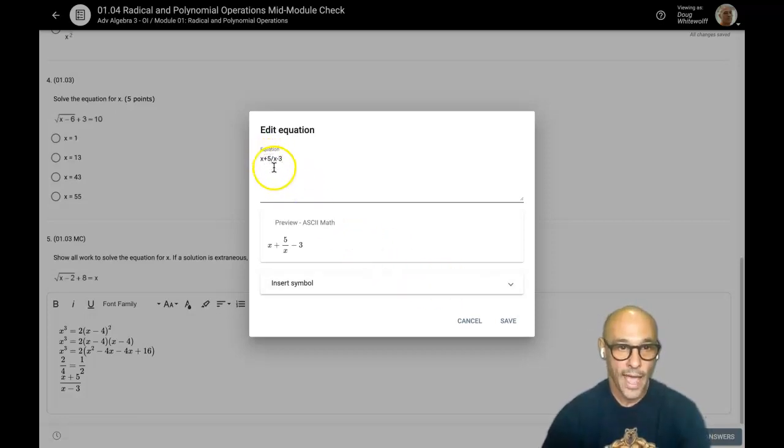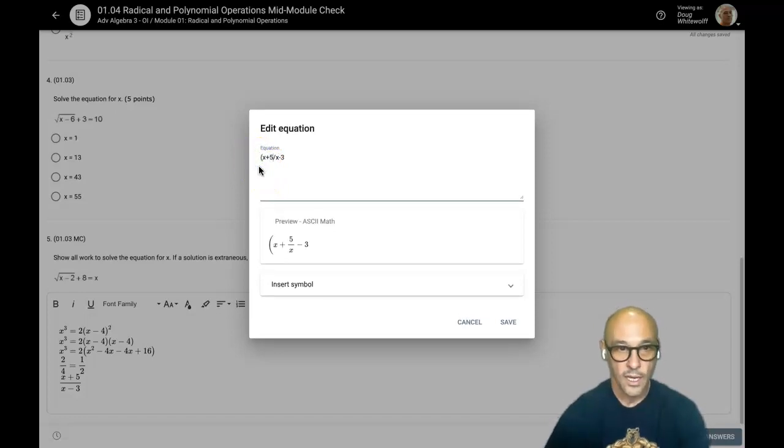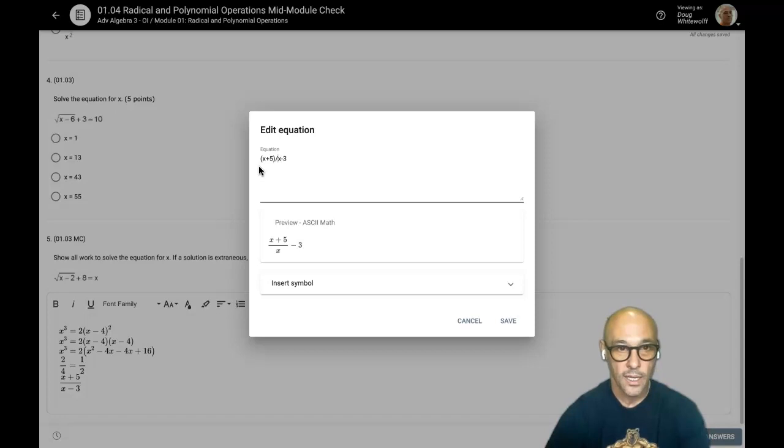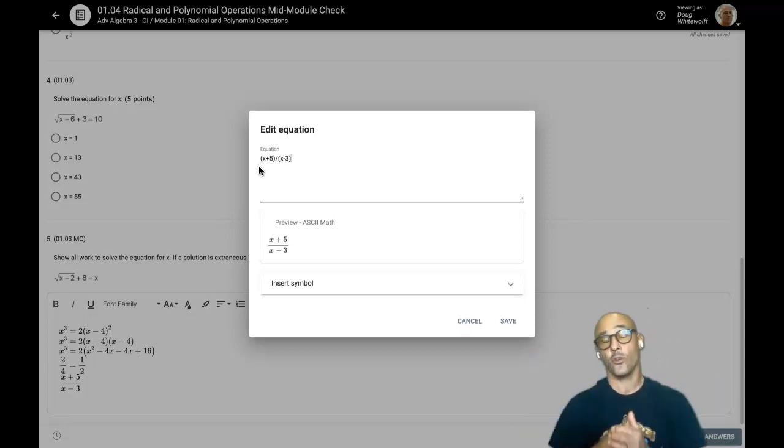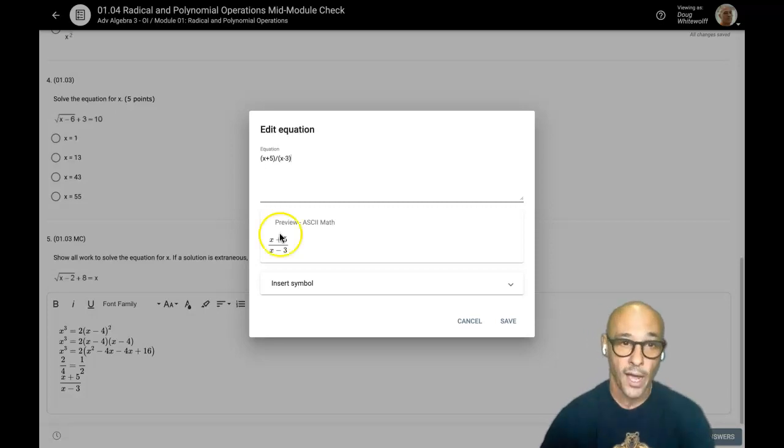Look, without the parentheses, this is how it will look. But when I put parentheses in the correct place, it will move it to be the way that I want. So you've got to use parentheses in important spots.